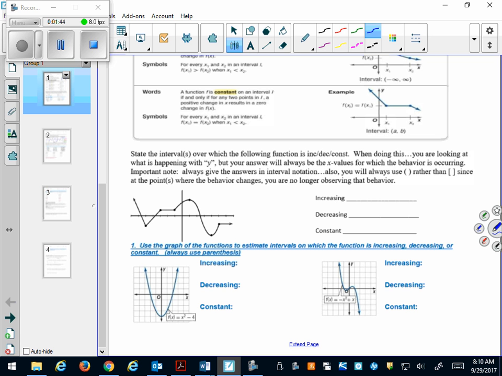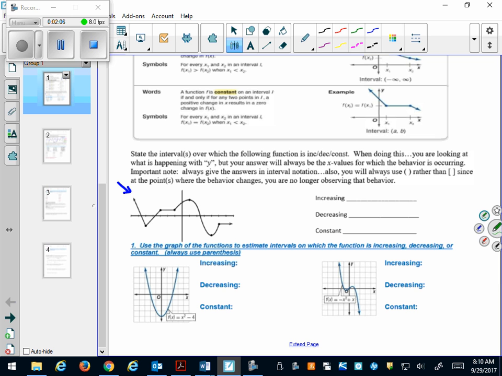So if we look at this graph, and we look for the intervals where it's increasing, you have to name all the intervals where it's increasing. So you're going to have some U's in here, some unions, if there's more than one place that it's increasing and decreasing and constant.